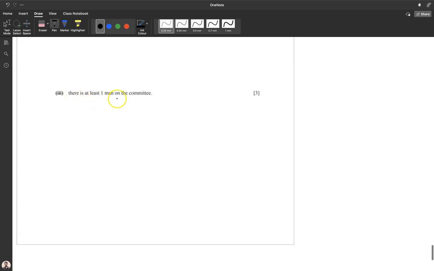There is at least 1 man on the committee. Okay, there are 2 ways of going about this, so I'll show you the simplest way. At least 1 man means the opposite of at least 1 man is no man, or all women.